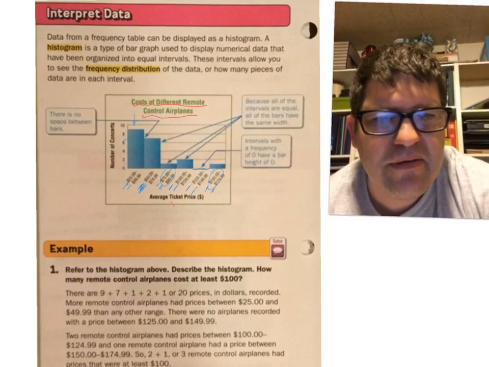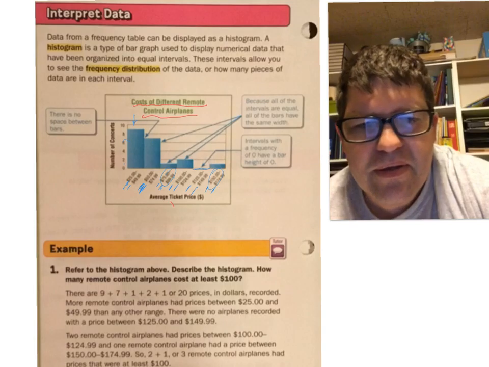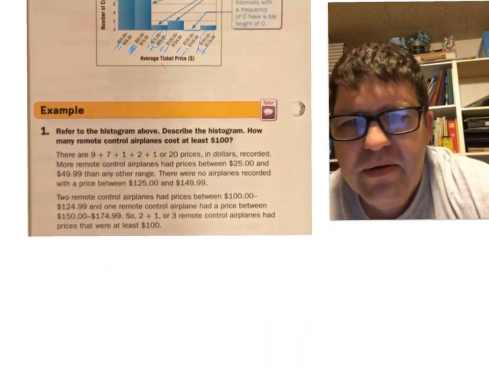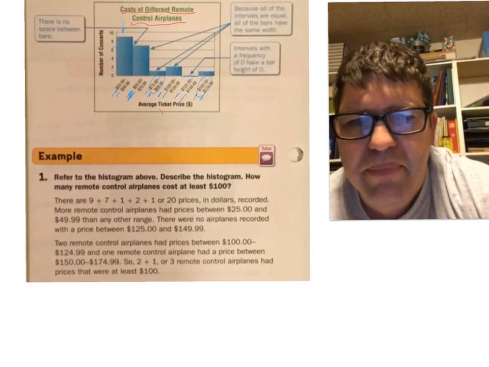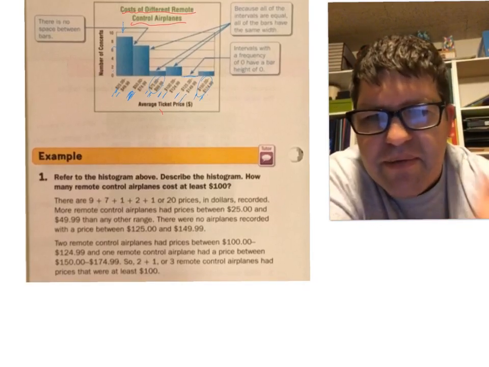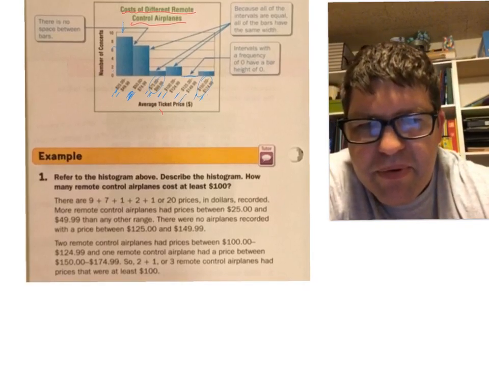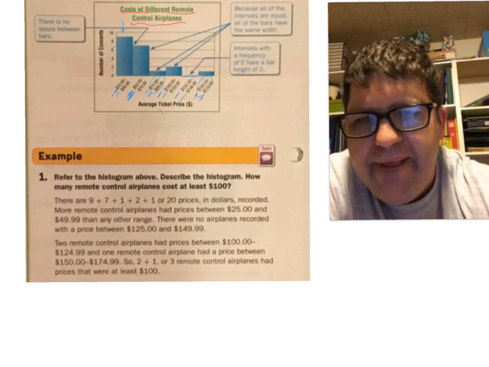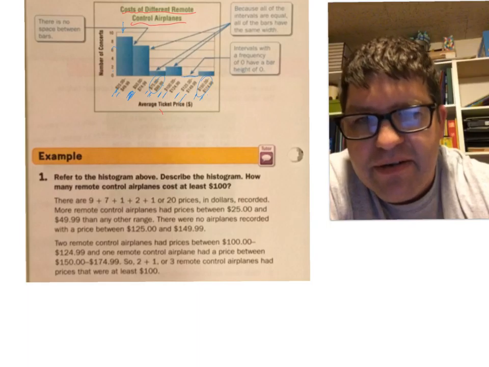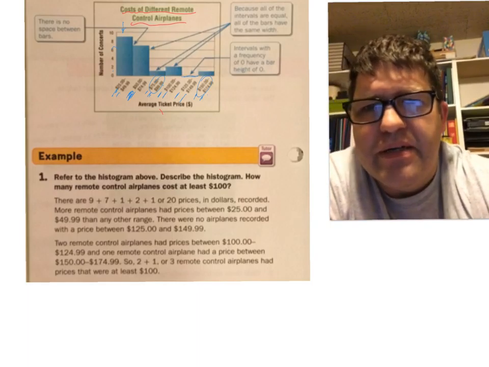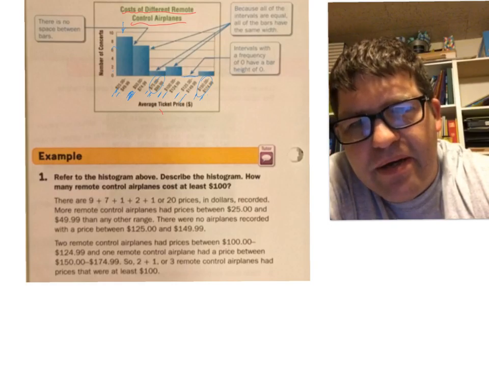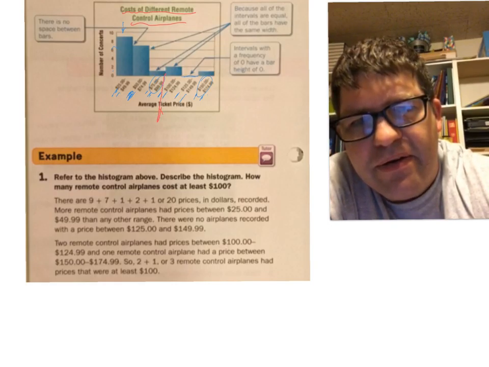Okay, now let's look at this example over here. Example 1. Refer to the histogram above. Describe the histogram. How many remote control airplanes cost at least $100? So now we're going to just look at this. I'm going to make a little mark here, at least 100.